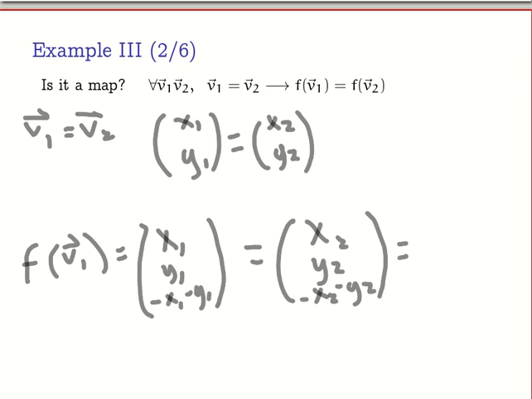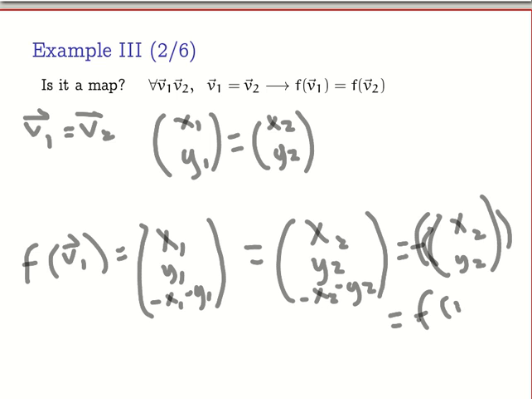But this is just the image of (x2, y2), that is f of that, which is equal to f of v2, showing that this is a map.